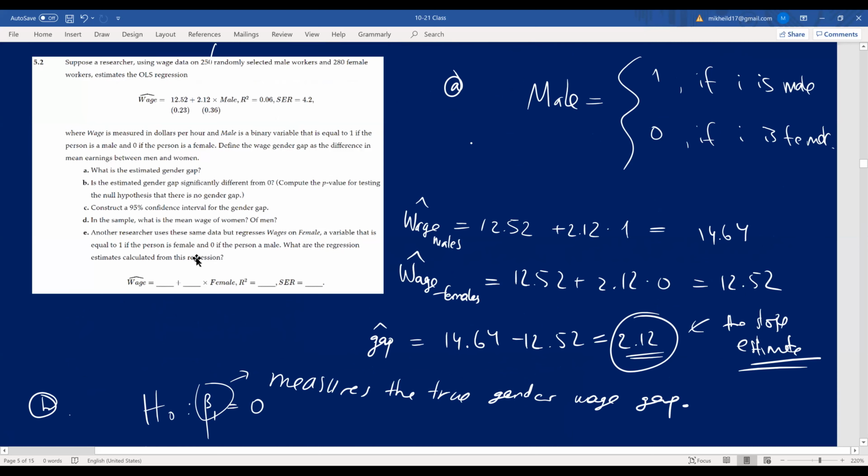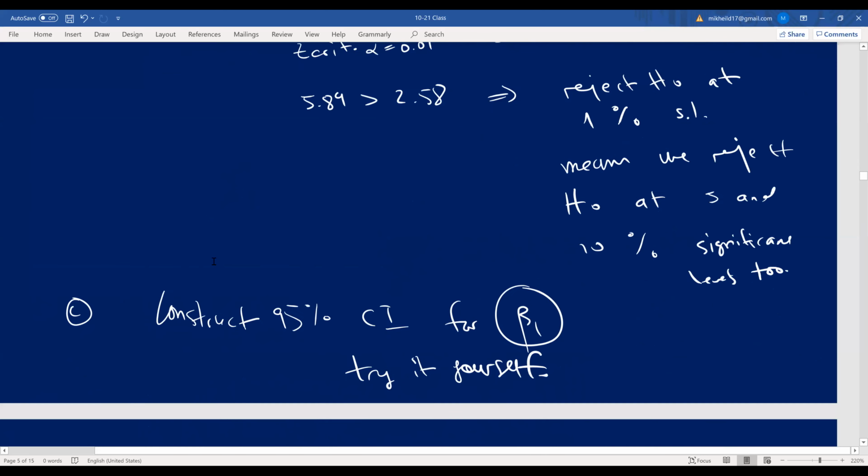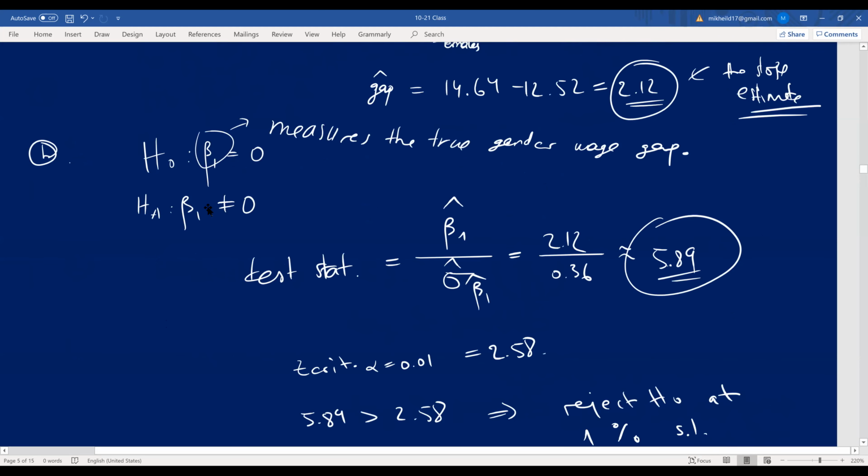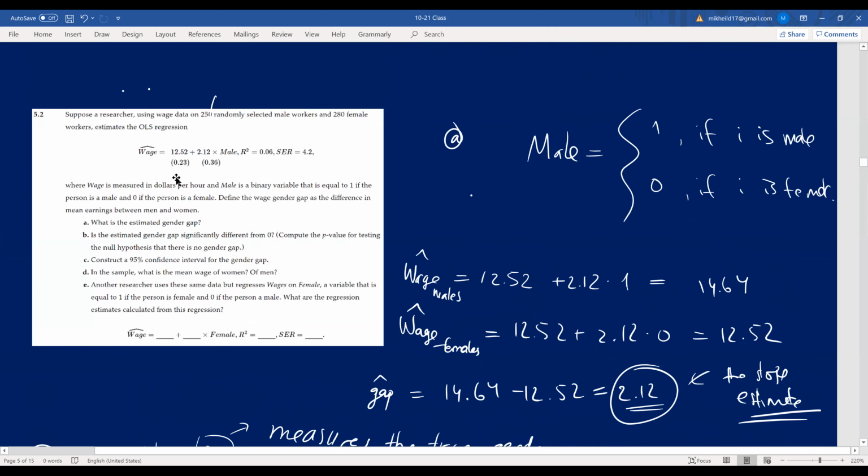Part D. In the sample, what's the mean wage of women and men? Okay, so let me rewrite that.